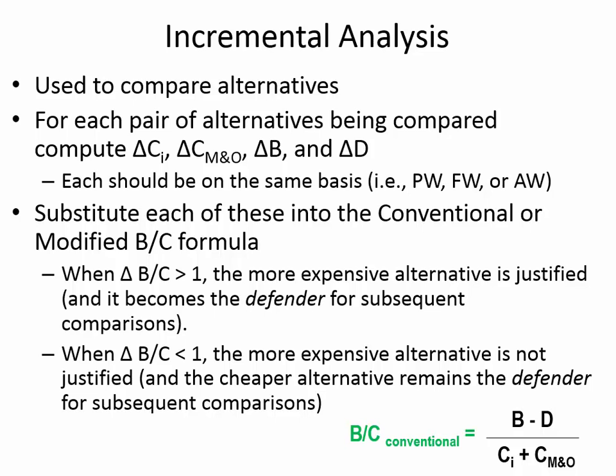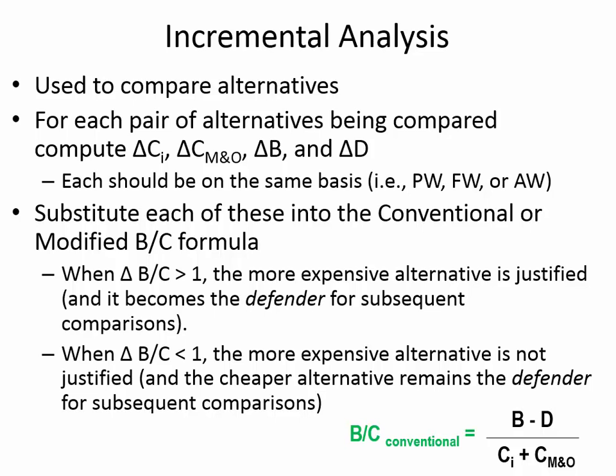So here's what this incremental analysis we're going to do today is all about. We are going to compare the difference in the initial cost between two options, but then we're also going to look at the difference in the maintenance and operation costs between two options. We're going to look at the difference in benefits that they each generate and the differences in the disadvantages or the disbenefits.